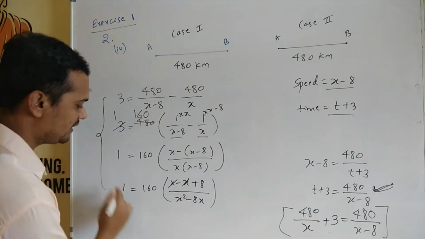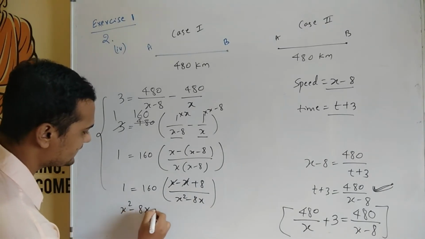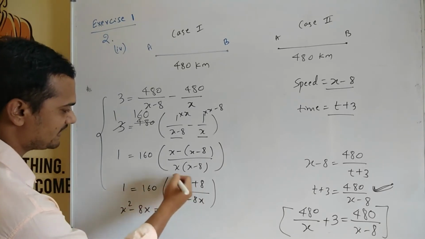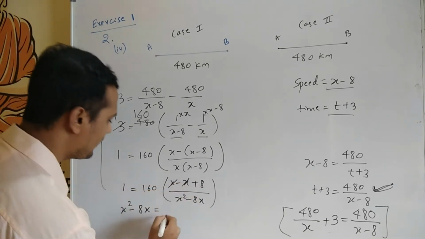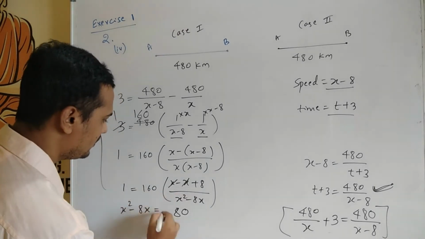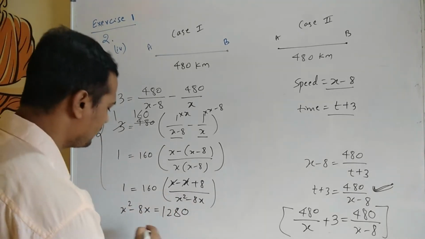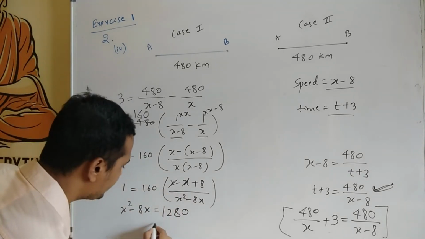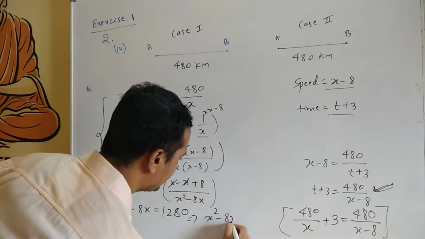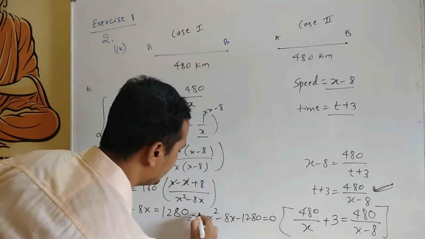So now cross multiply it, what will I get? x square minus 8x is equal to 160 into 8, because these two will cancel out, I will get 8 here. Just multiply these two, what will I get? 1280. Okay, so just keep it in the standard form. What will be the standard form of the quadratic equation? It will be x square minus 8x minus 1280 is equal to 0, right?